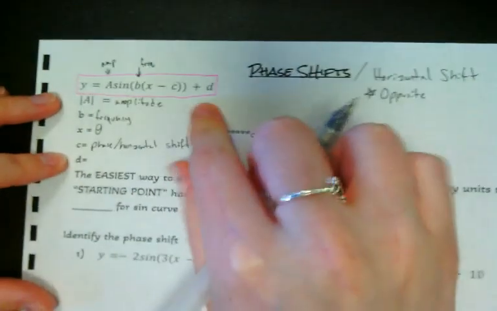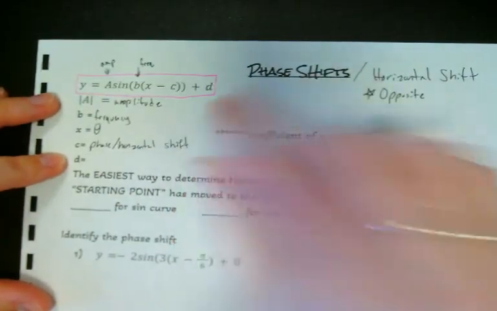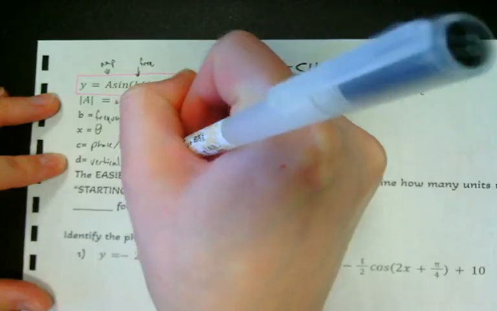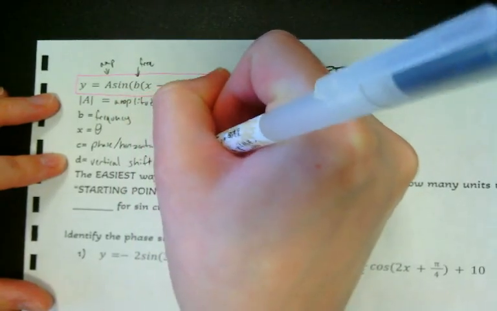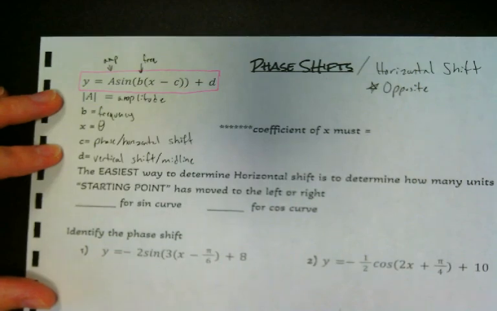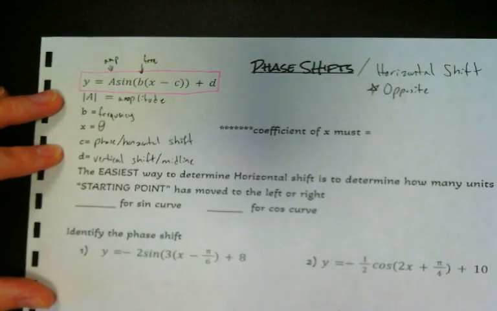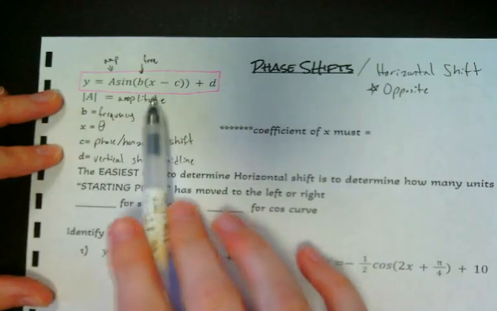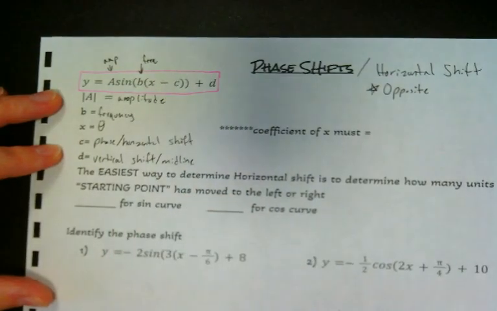And this plus d is still my vertical shift, or my midline. So again, my plus was up, my minus was down, but now my plus is left and my minus is right, so those are just going to be switched.